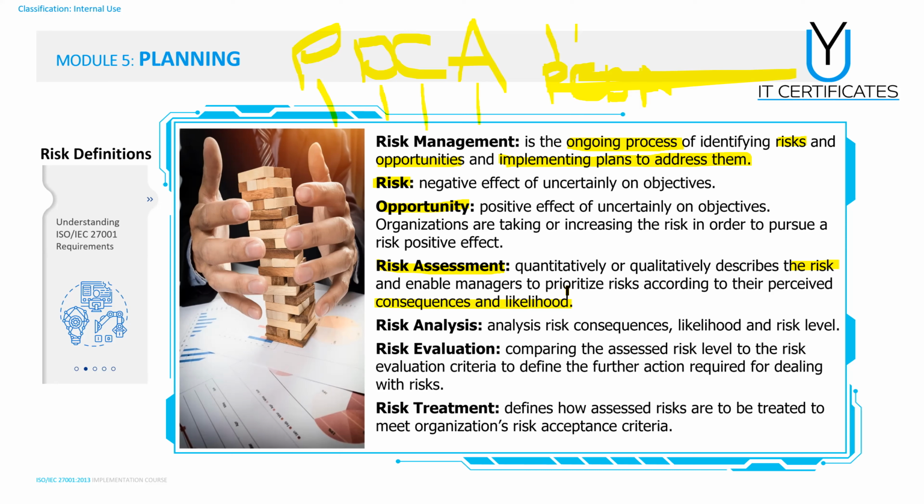Risk assessment will help you to quantify or qualify the risk effect on the company, and to prioritize the risks by their consequences or impacts and their likelihood or probability.